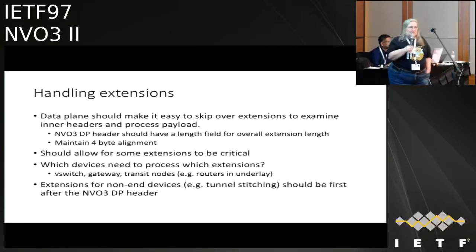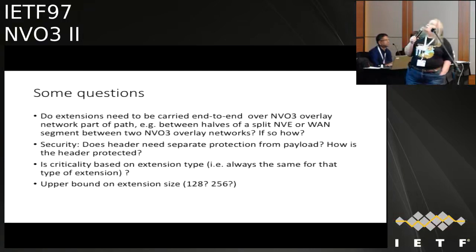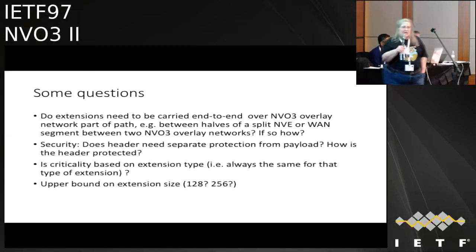And then there were some questions. One was whether the extensions need to be carried end-to-end. In some cases, the extensions are carrying metadata that they want to go with the packet.